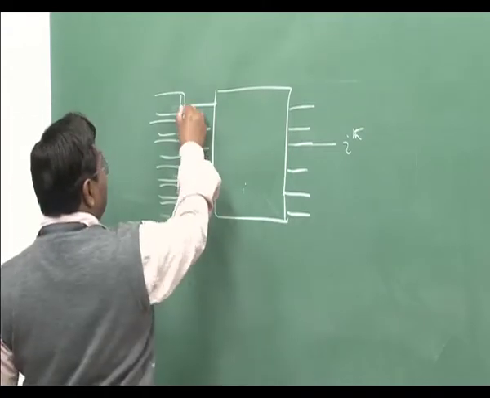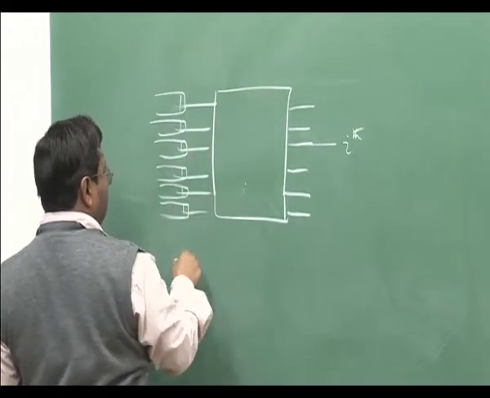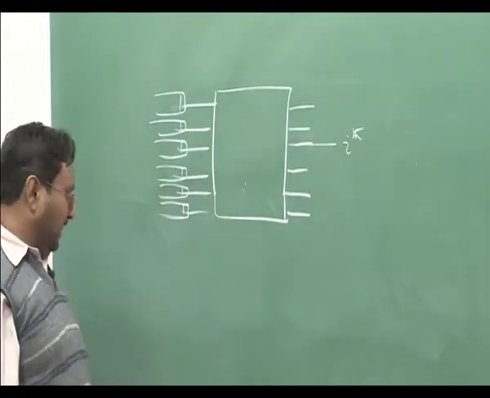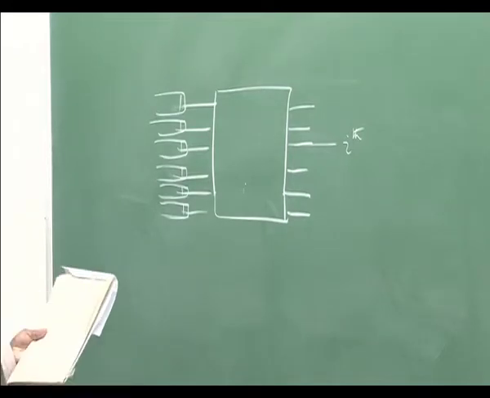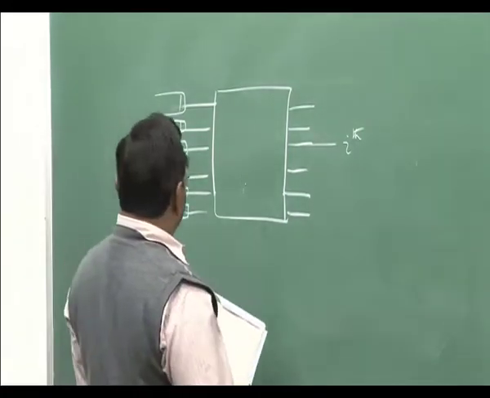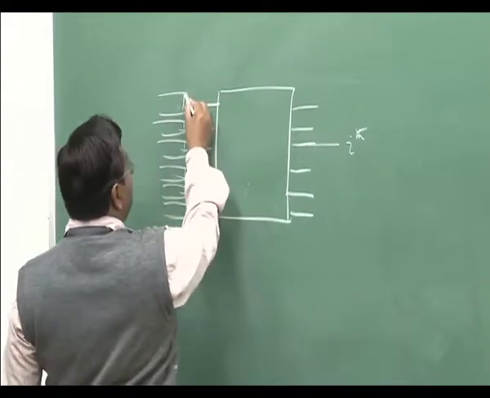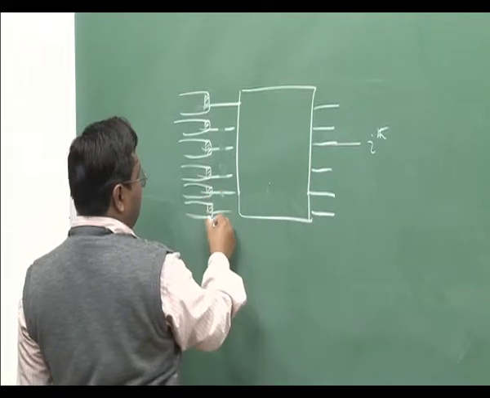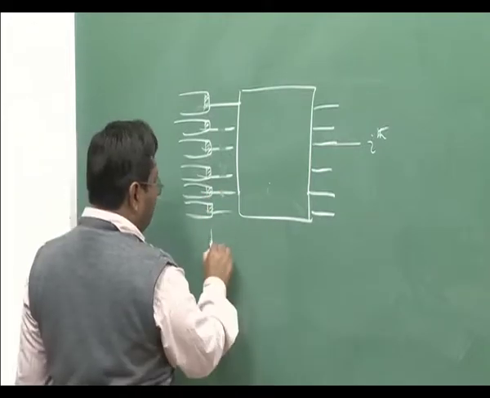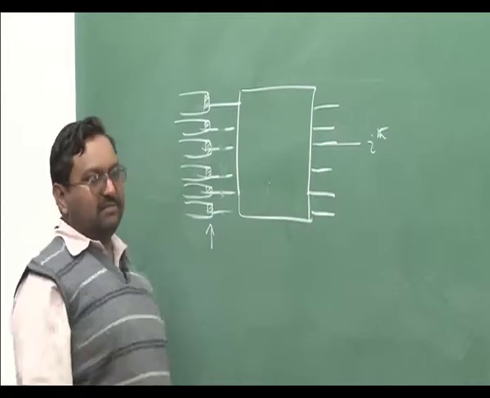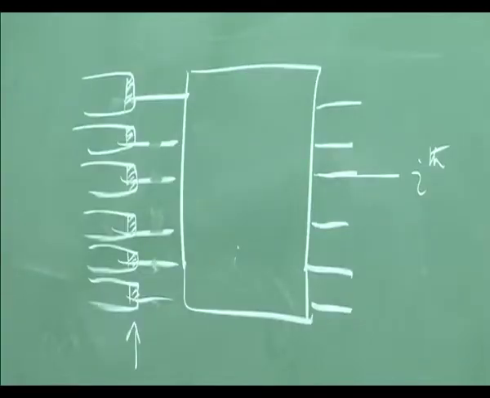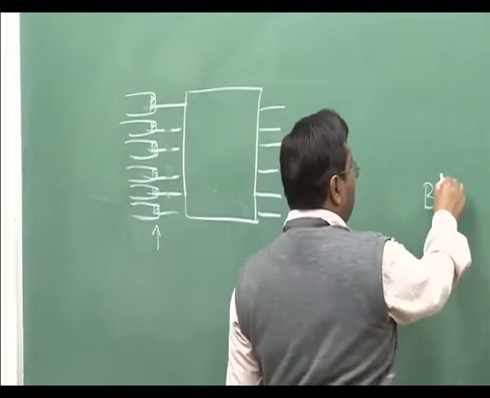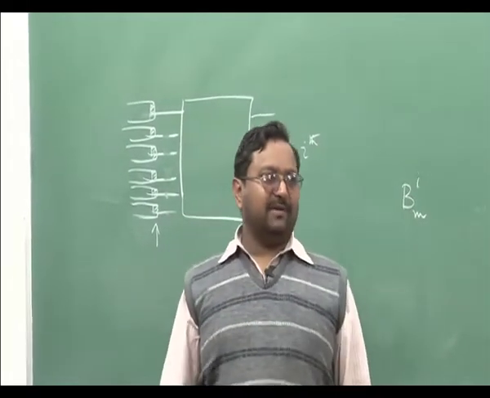Now what will happen is the packets will keep on coming at the head. Once a packet comes, for this ith output, I only look at the head and how many packets are there. At the head, let the packets which are trying to reach destination i be numbered as B_i after the nth time slot.